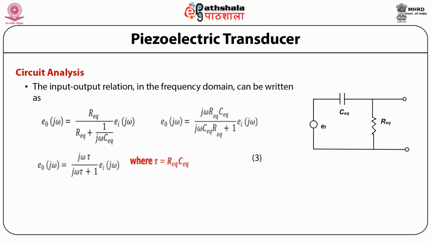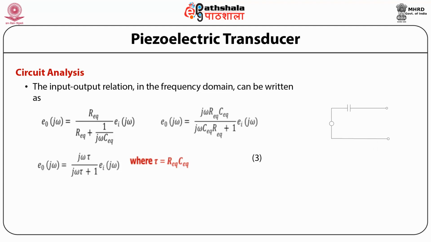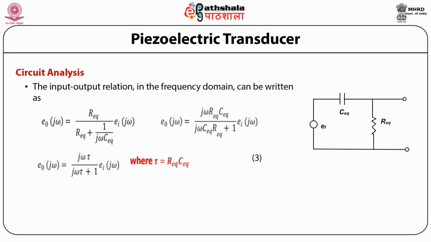This implies E0(jω) = jω R_eq C_eq / (jω C_eq R_eq + 1), the whole multiplied by Ei(jω). So E0(jω) = jωτ / (jωτ + 1) multiplied by Ei(jω), where τ is R_eq C_eq.